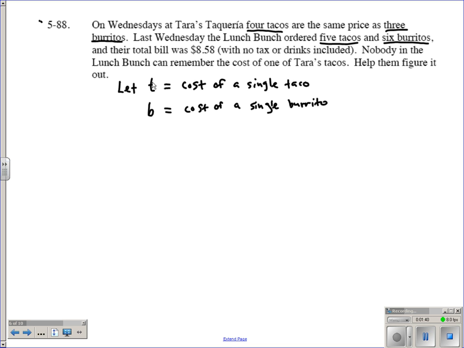Now that we have defined what these variables represent, and we're using them to represent this missing information, let's look at the information we know and see if we can create 2 equations. If we're going to use 2 variables, we need 2 equations.